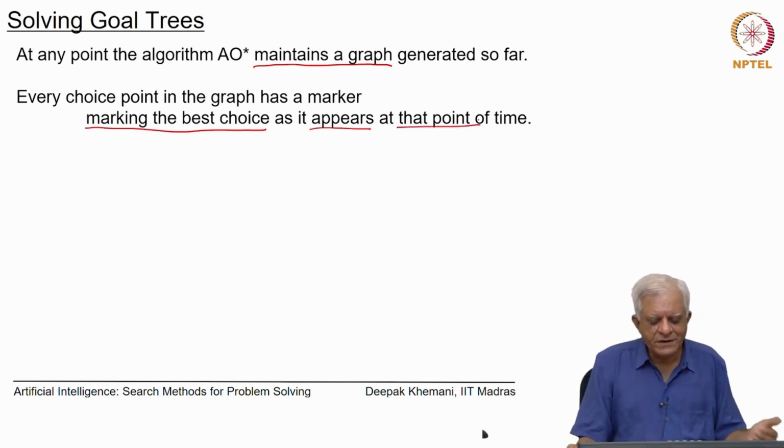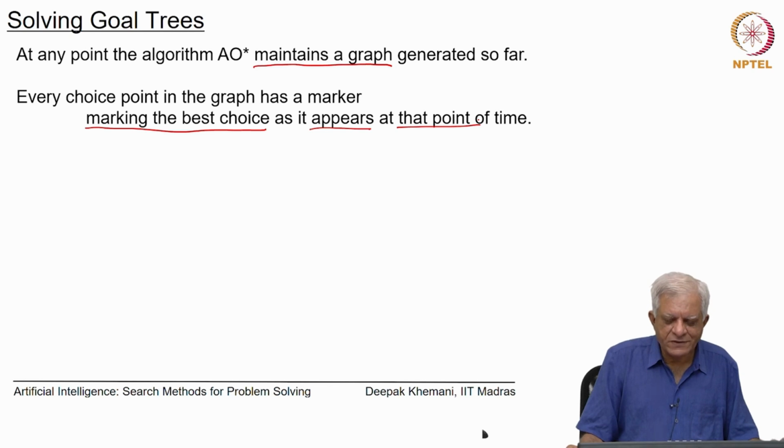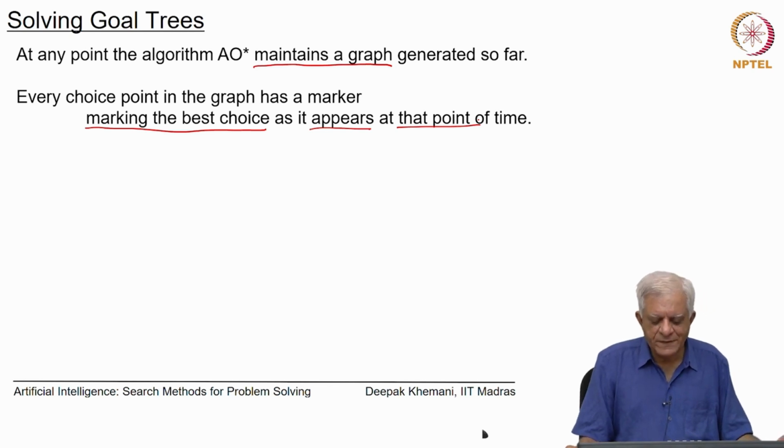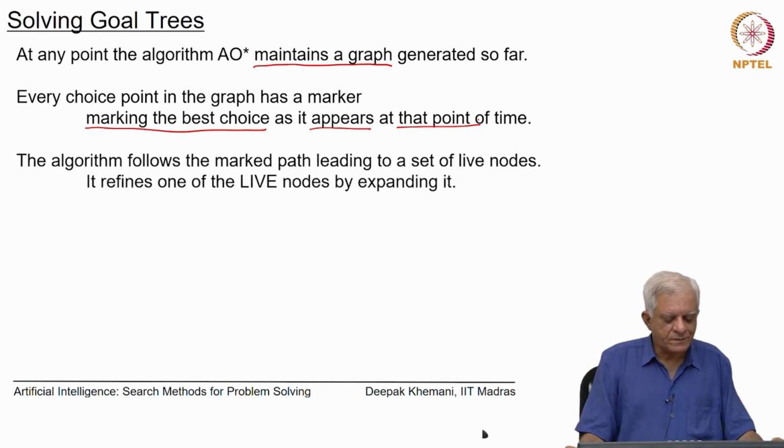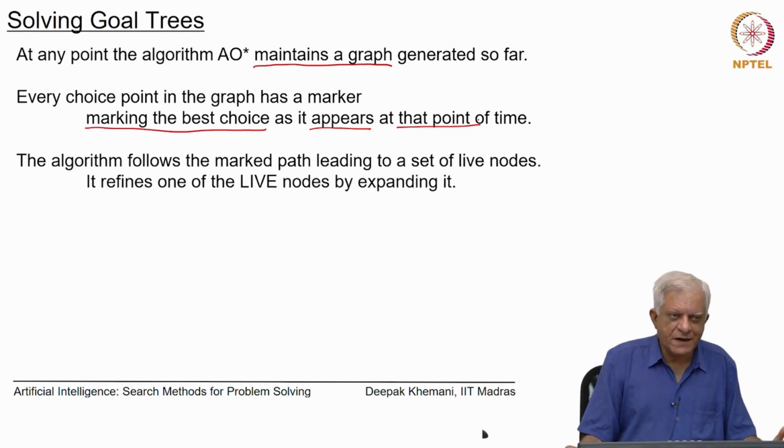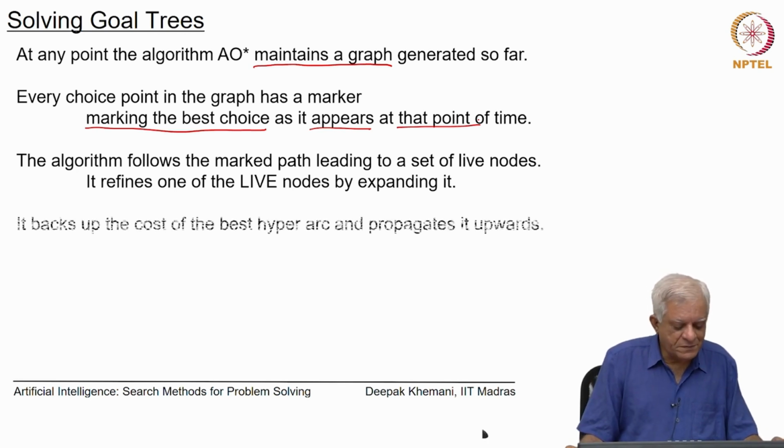This is going to be used to decide which approach the algorithm will refine further. The markers will tell you where the unsolved or live nodes are that you want to work on. The algorithm will follow the marked paths leading up to a set of live nodes, and it refines one of the live nodes by expanding it. That is the basic idea behind the algorithm.